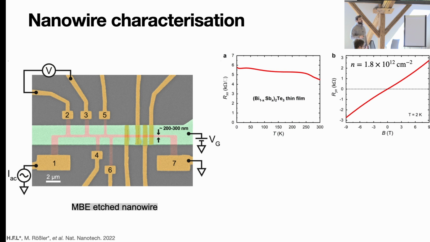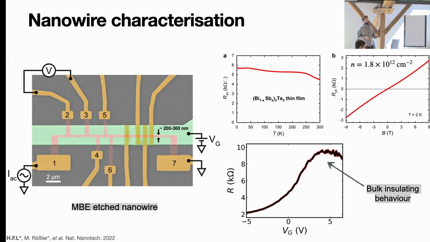It actually turned out that already Yoricando in Cologne had the perfect system to measure this. We were looking into this for different reasons. It was a nanowire etched from an MBE film. Essentially, all you need to know is it's a bulk insulating nanowire.